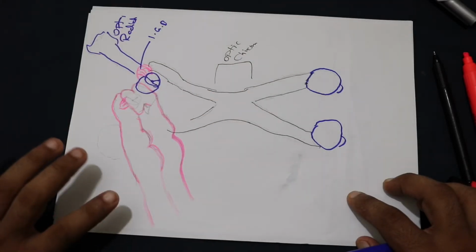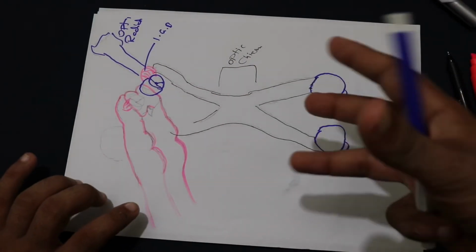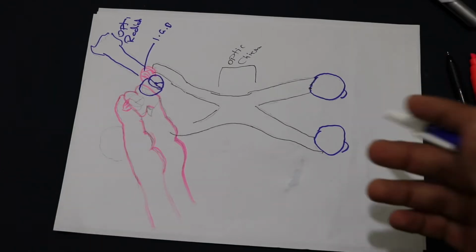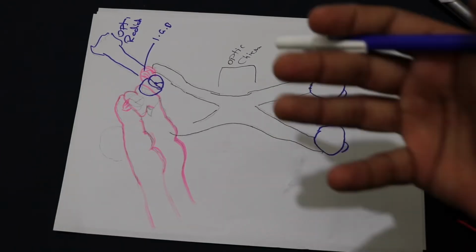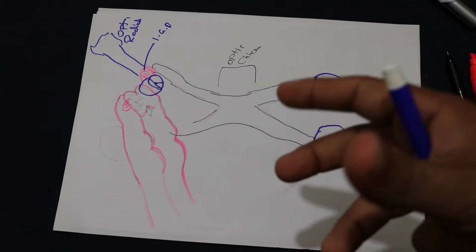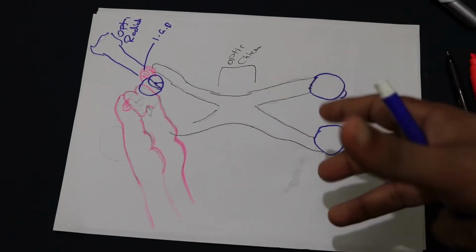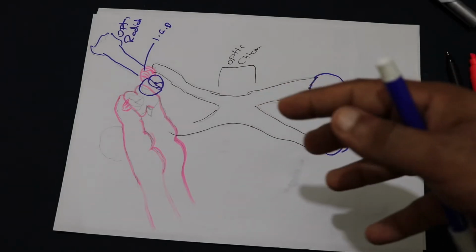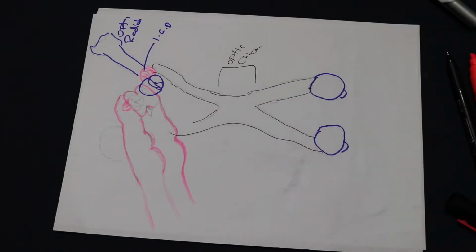The first is they're surrounded by oligodendroglial cells instead of Schwann cells. Peripheral nerves are surrounded by Schwann cells, which protect them and give them nutrition. But in this case, they are surrounded by oligodendroglial cells. That's why they are not considered true peripheral nerves.